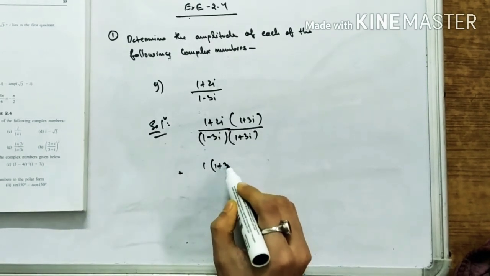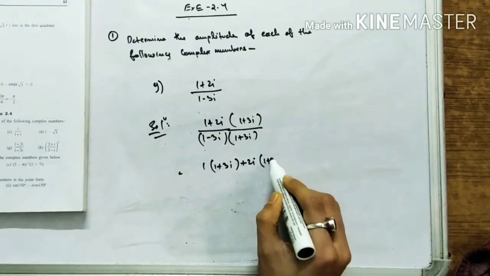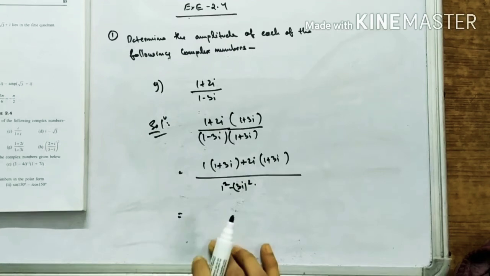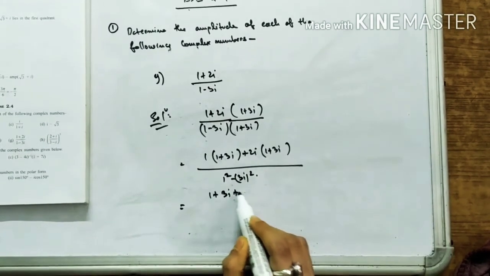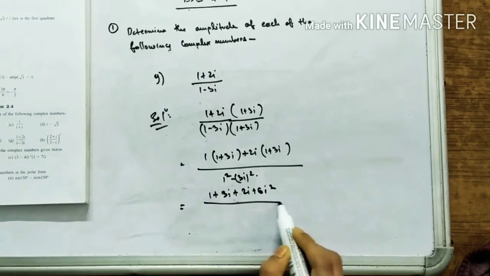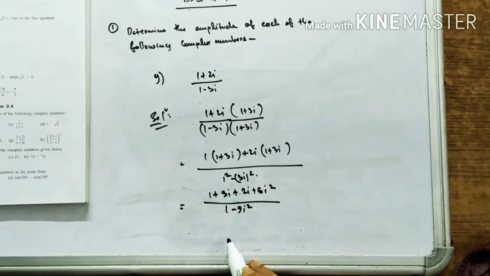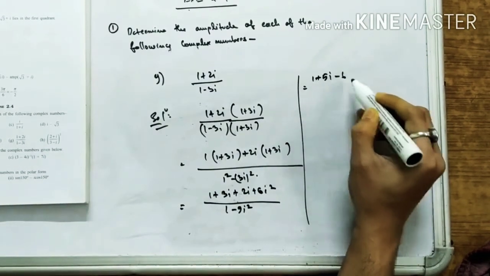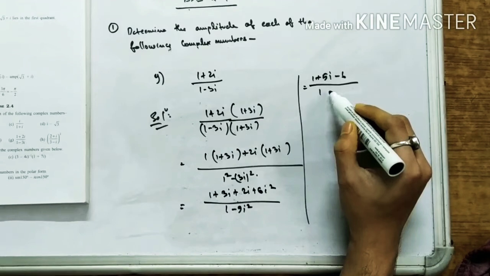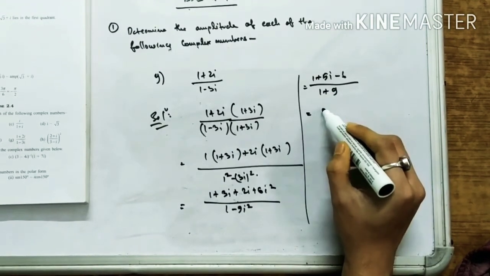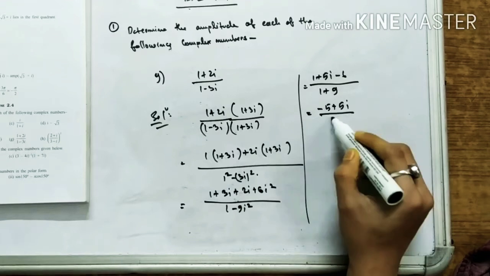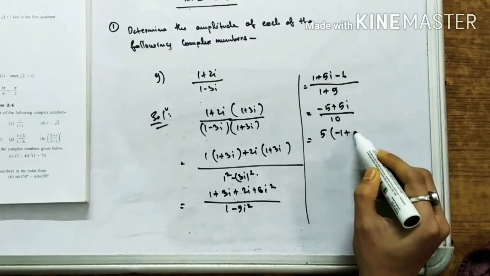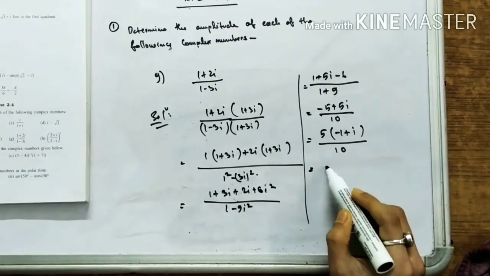So this gives 1 plus 3i plus 2i plus 6i square by 1 square minus 3i whole square, that is 1 minus 9i square. Ultimately this gives me 1 plus 5i minus 6 by 1 plus 9, so this is minus 5 plus 5i by 10.